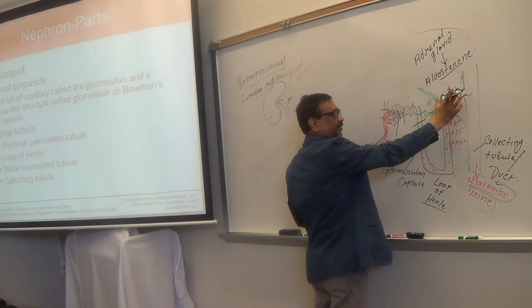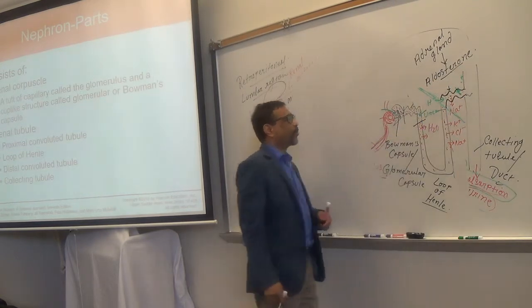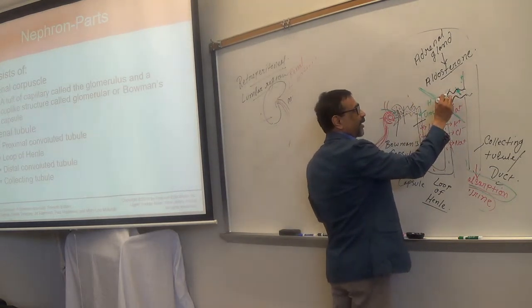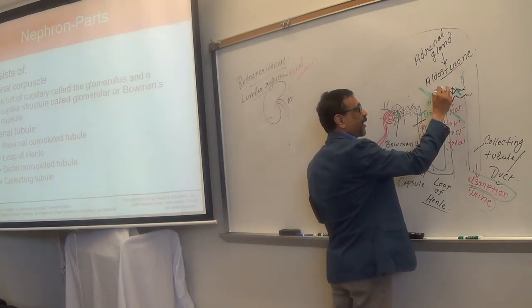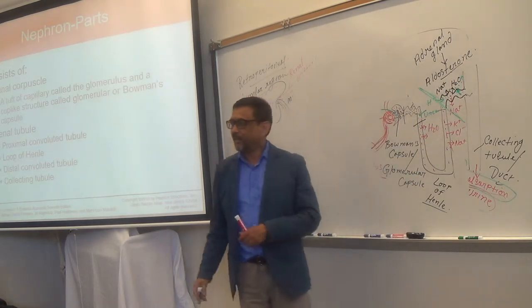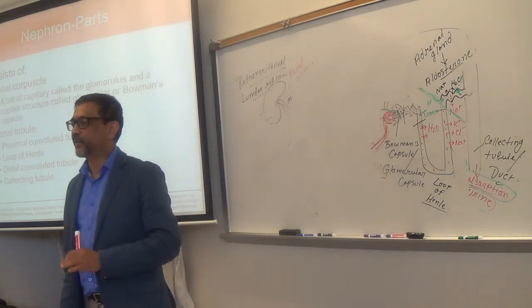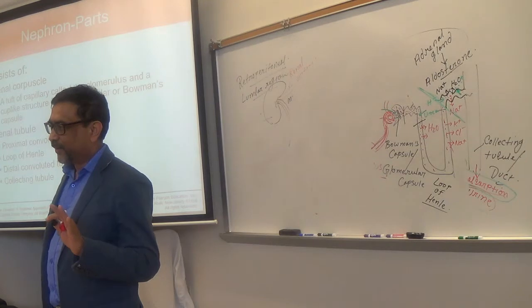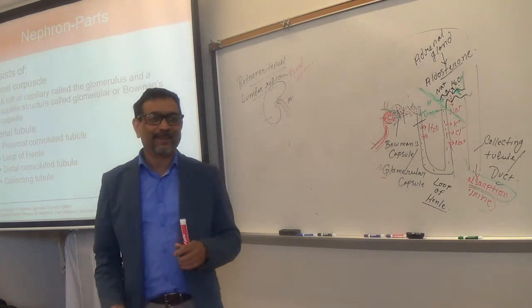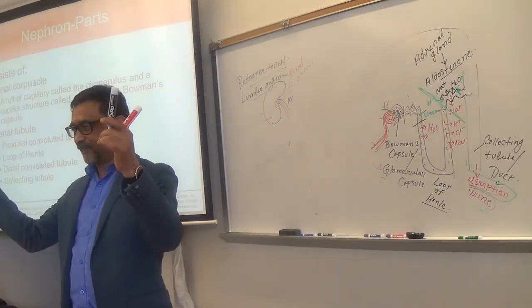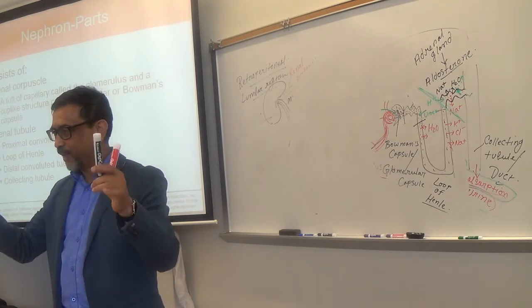It only works in this part, the last part, and helps in reabsorption of sodium and water here. Reabsorption of sodium and water is helped by aldosterone. Is it clear? So now you tell me, okay? If aldosterone is released more, reabsorption of sodium and water will be more or less?